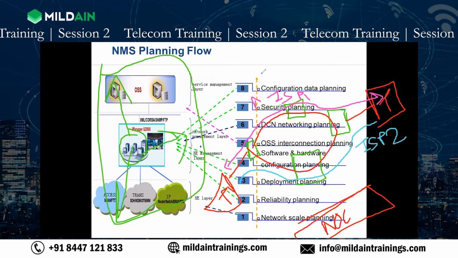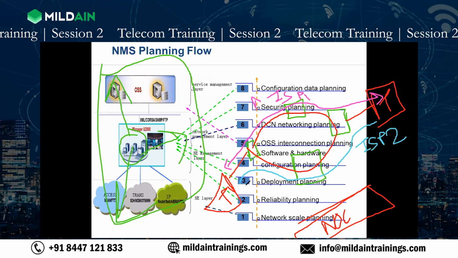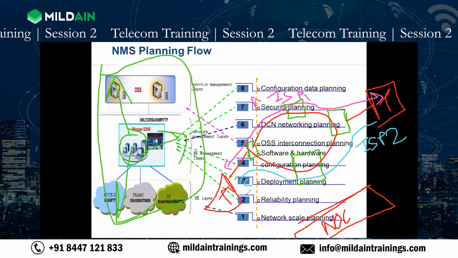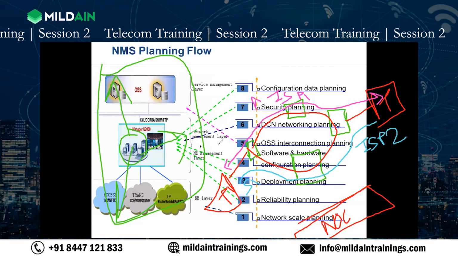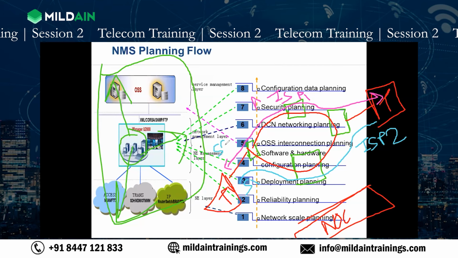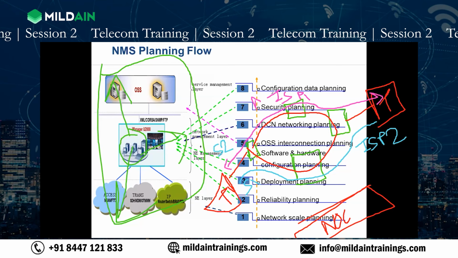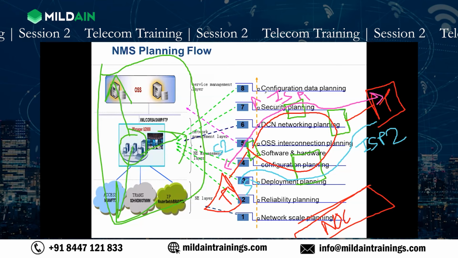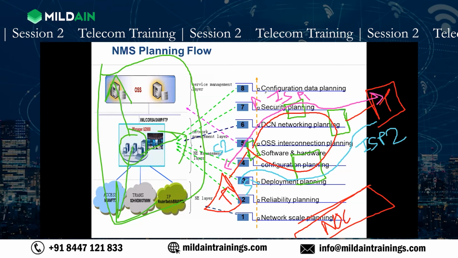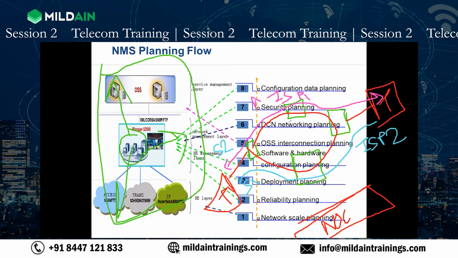So sitting here, two signals are going on. This is my signal 1, signal 2, and a third signal is also going on. What is this third signal? Let me tell you.